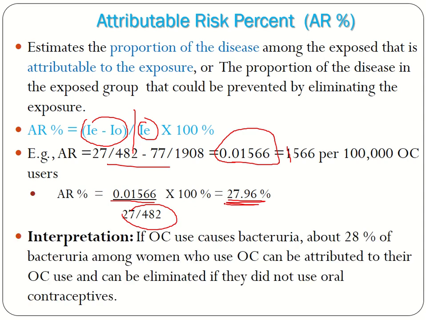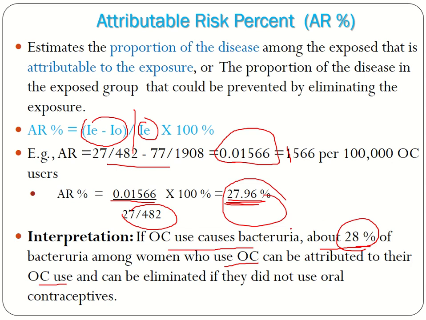So what does this tell us? We're saying oral contraceptive use is causing the bacteriuria in the oral contraceptive users. If oral contraceptive use causes bacteriuria, about 28% of bacteriuria among women who use oral contraceptives can be attributed to their OC use.